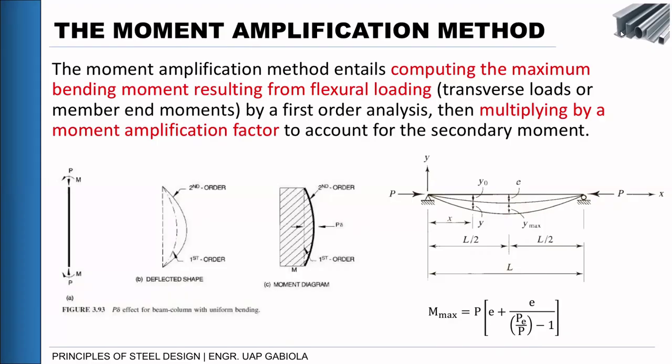Pero we can actually reduce this equation. Okay, so this M max. Okay, so P multiplied by E. Okay, so that is E plus E over PE over P minus 1.